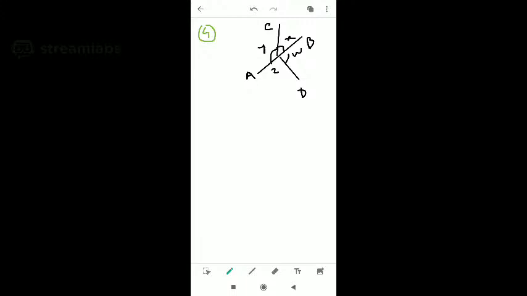Then prove that AOB is a line. So proof going to do.